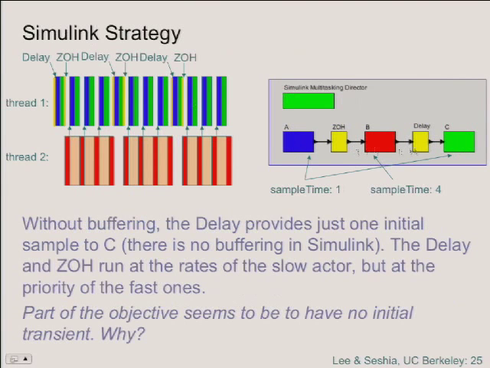Let's see, is the answer given right here? Not in any way that's understandable. So can anyone tell me, why do you think? Well, first of all, what is a delay? Right, okay, so what the delay does is each time it executes, it produces on its output the current state, which is simply whatever it read on its input on the previous execution.